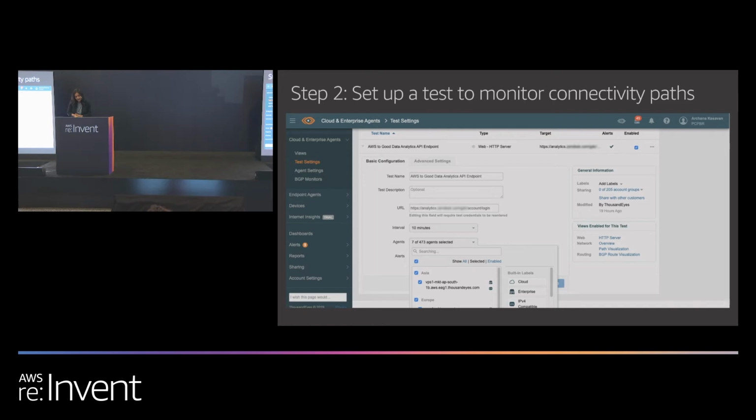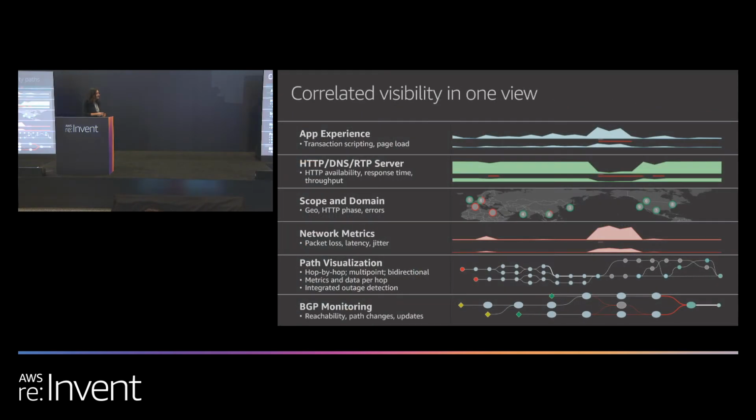So I'm going to actually switch over to the demo right now, just so that it's easier to walk through this. But essentially what you're going to see at the end is correlated data as you're monitoring your API endpoints.